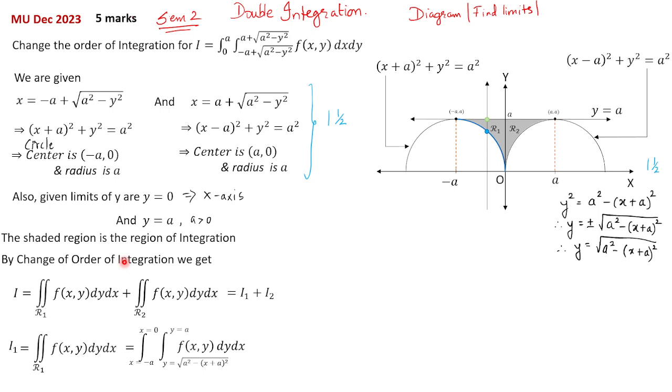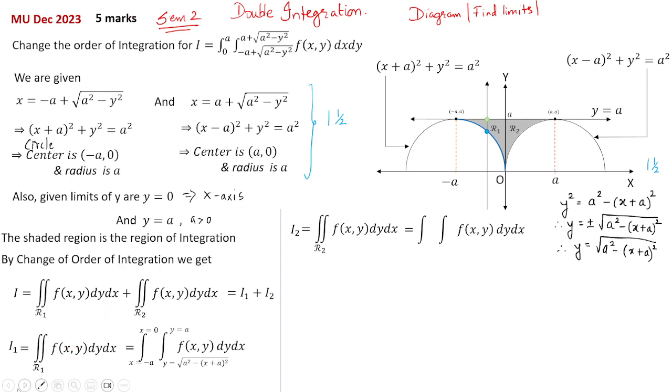Okay, now we go for finding the limit for the R2 region, I mean to say I2. So we now go for finding the limit of I2. So let us see. I2 looks like this. Now similarly, a similar thing will happen in the calculation for y.